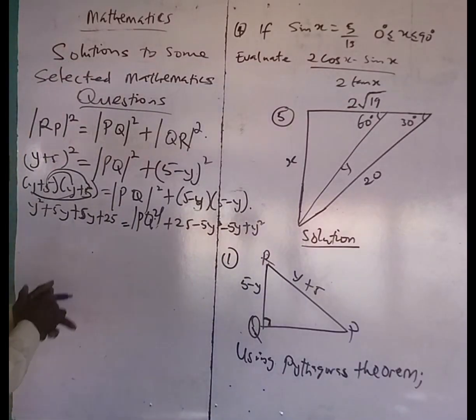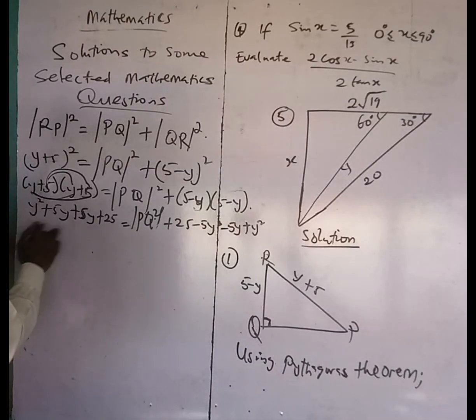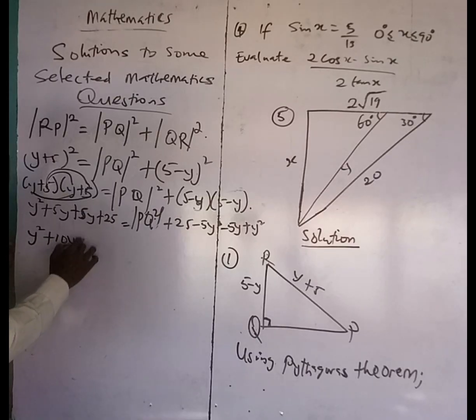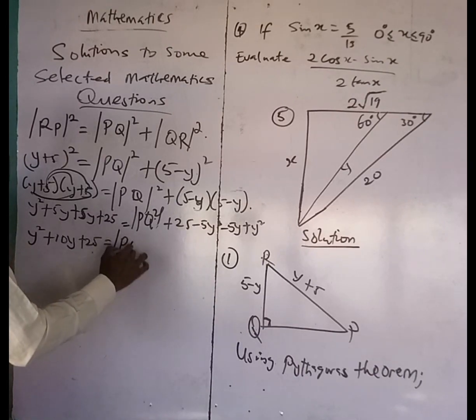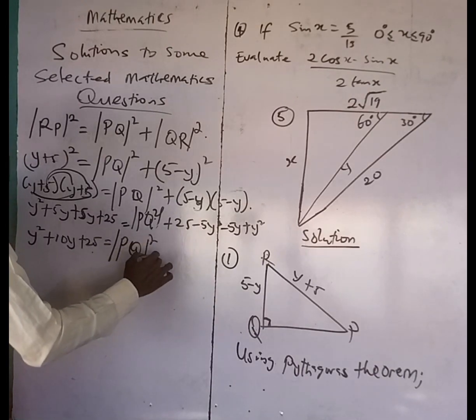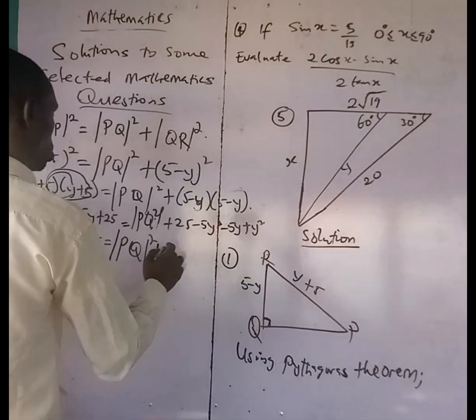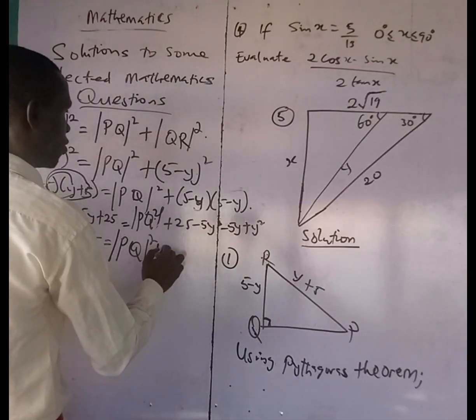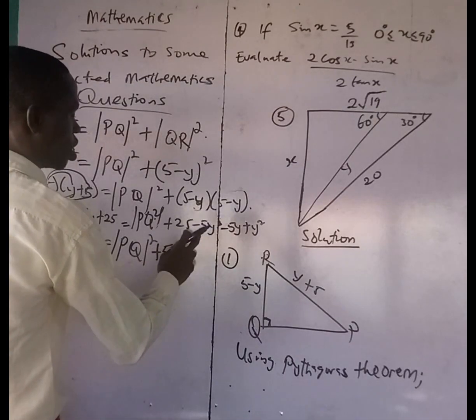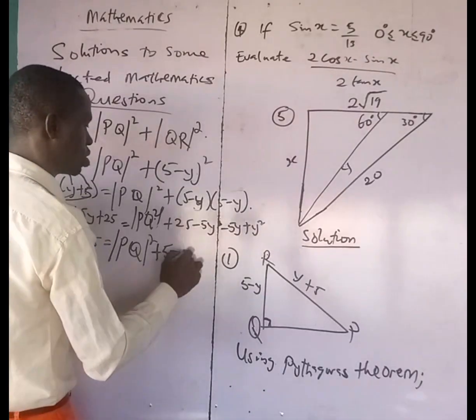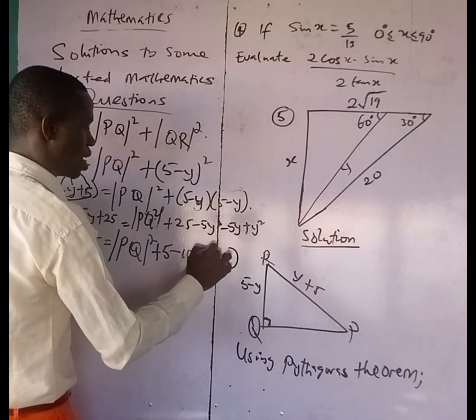Alright, let's mark the like terms together. You have y squared plus 5y plus 5y, that's 10y, plus 25, equal to PQ squared plus 25 minus 5y minus 5y, which is minus 10y, plus y squared.